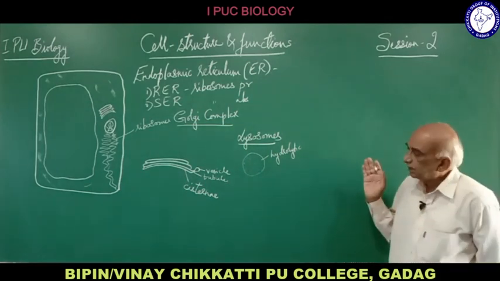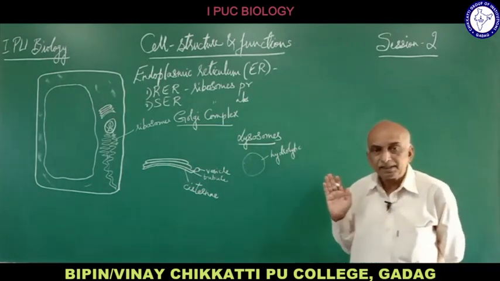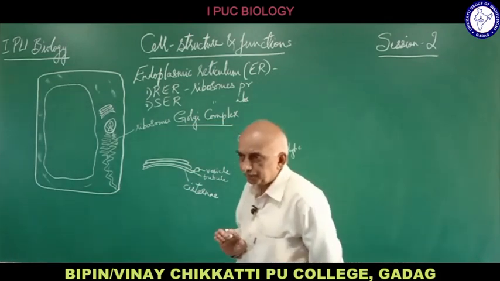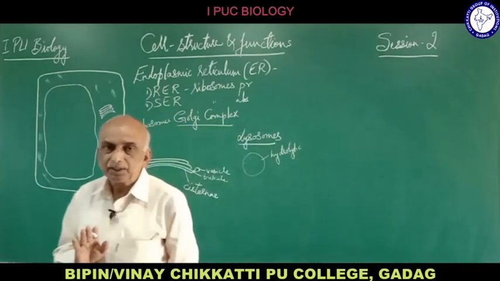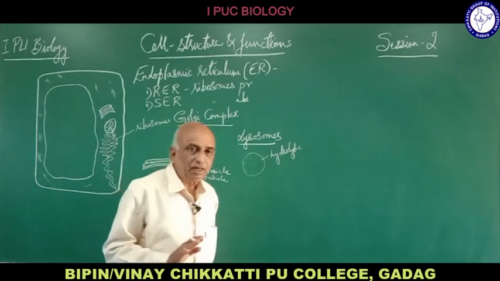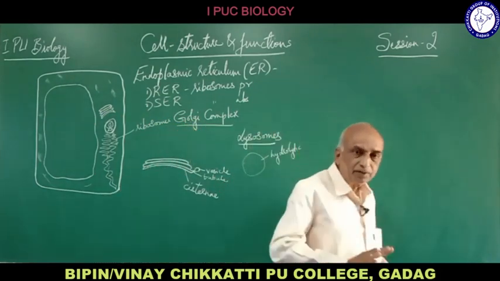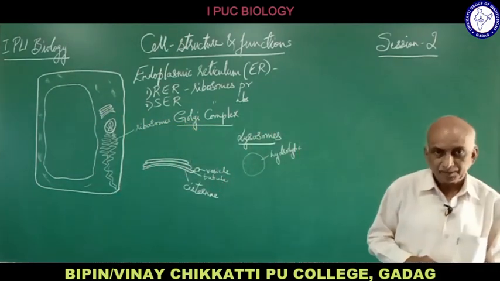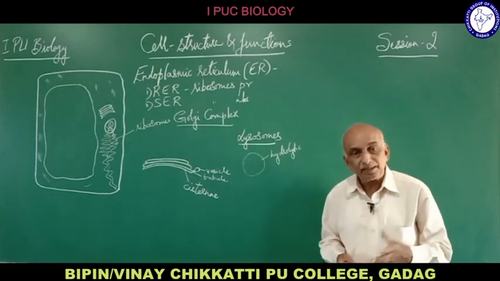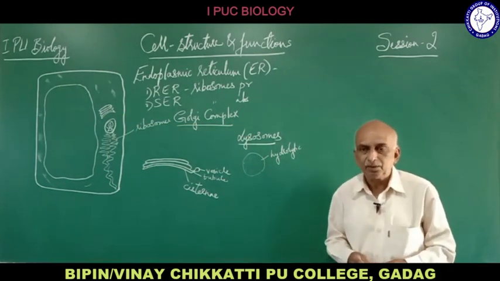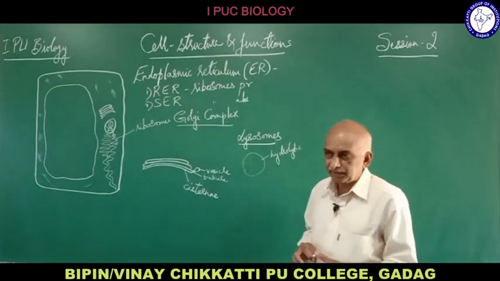So the disappearance of the tail in the tadpole when it is transformed into a frog is attributed to the activity of the lysosomes. That means in the frog the tail is not necessary, because it will have limbs. With the help of limbs it will have locomotion in water as well as on land.